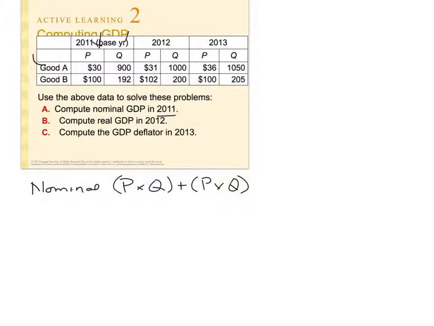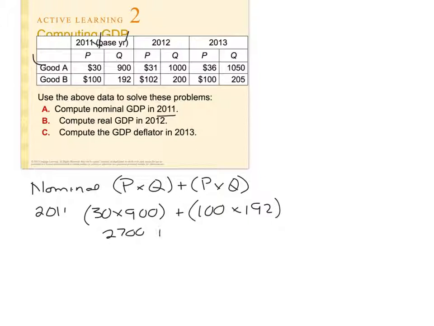For 2011, we have good A, and the price is $30 times 900. That gives us 2,700, plus good B, which is 100 times 192, and that gives us 19,200. Okay, and if I add those two, that's wrong.